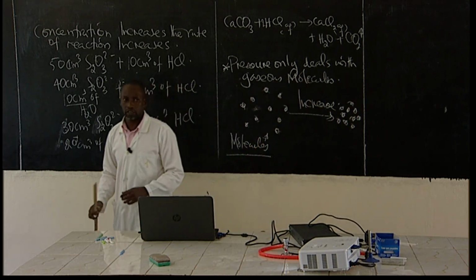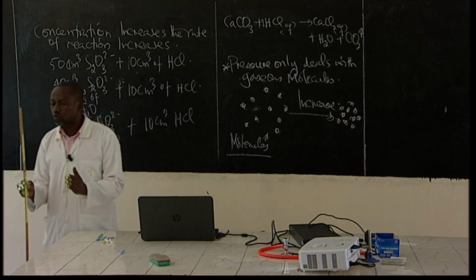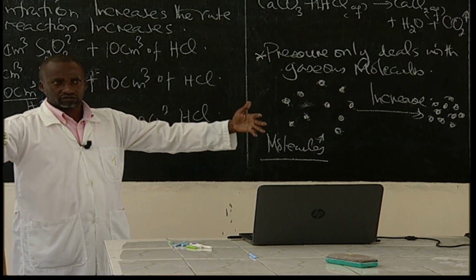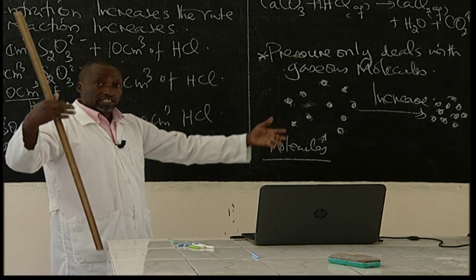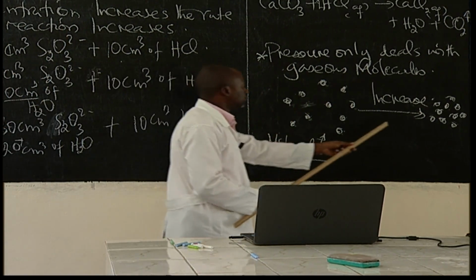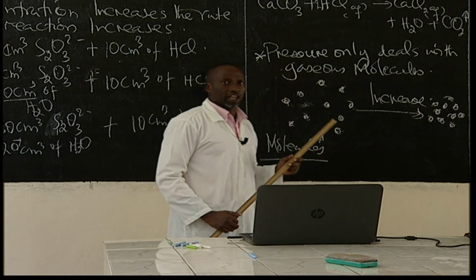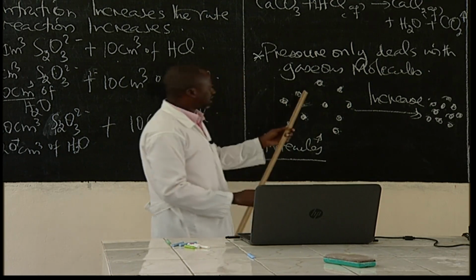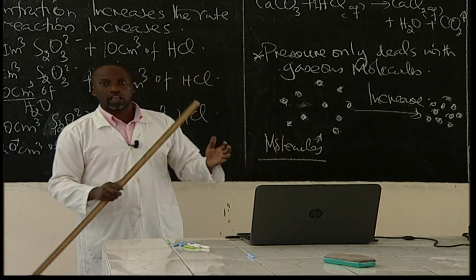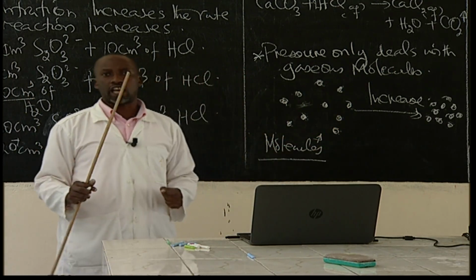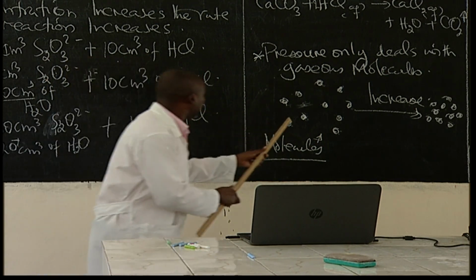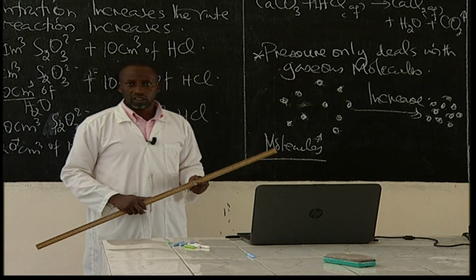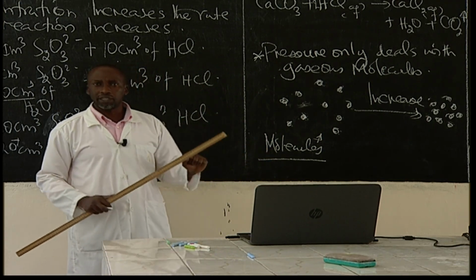What does that mean? When they come close to each other, there are high chances of these particles colliding with each other. So these particles here, because they are sparse and not close to each other, the chances of this one coming together with that one in a random motion is limited.